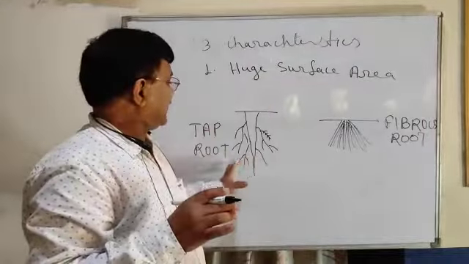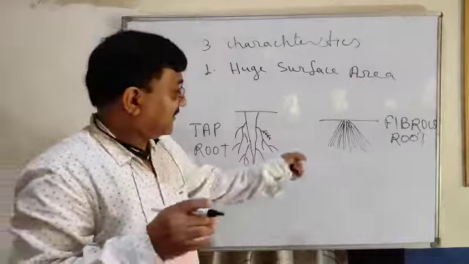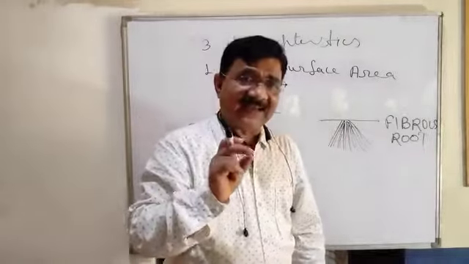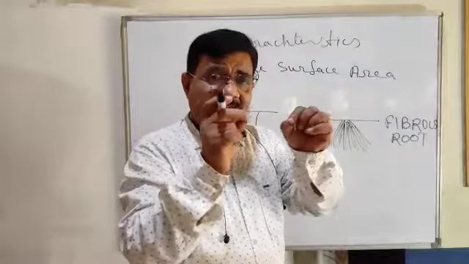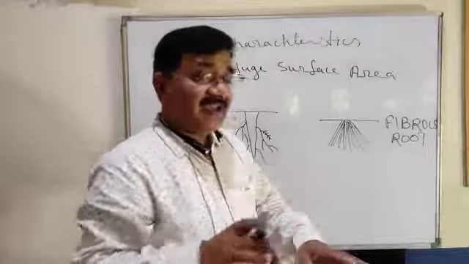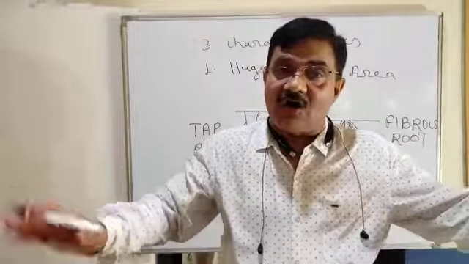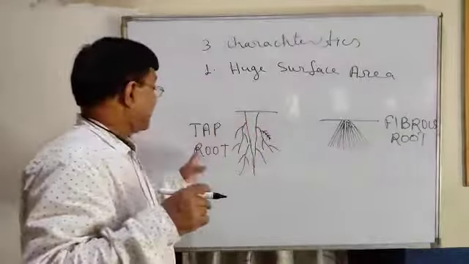But let us see, I am talking about huge surface area. Think of a simple grass. If you connect each and every fiber of the root, it will become very long. And same is the case in the taproot. Take out each and every root hair. If we connect them to each other, it will become very long.